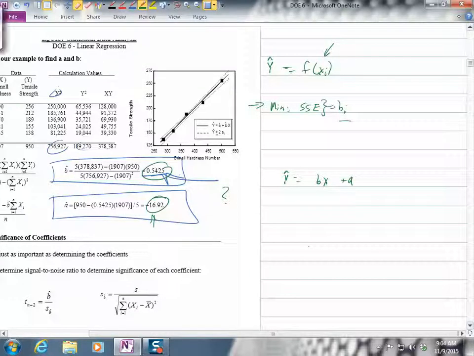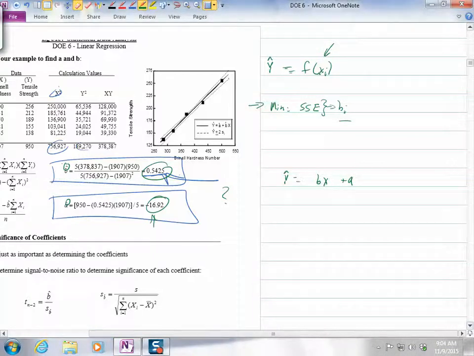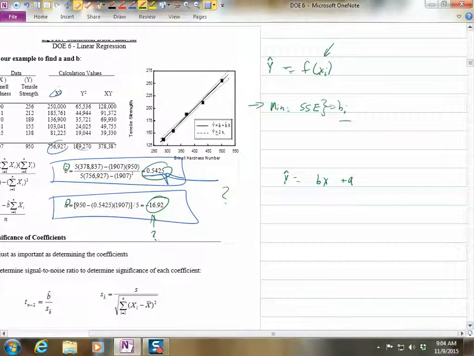Those little hats remind us that they're estimates of the true values. So we have these estimates, and one thing that we might ask ourselves is we have this intercept, negative 16.92, and we just developed a model previously that had that as 0. Is this 16.92 real or not? Is it significant or not?